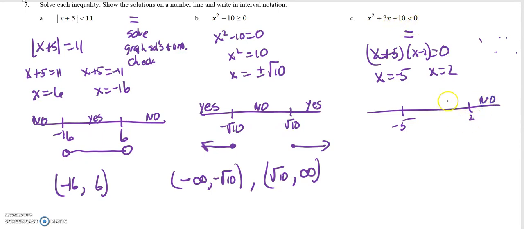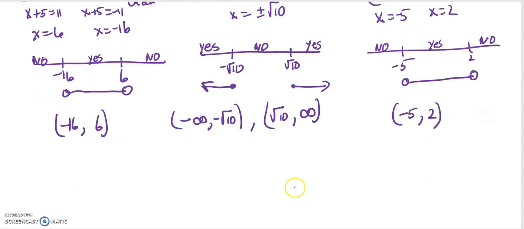If I sub in 0, I get 0 plus 0 minus 10. That is less than 0. If I sub in negative 6, I get 36 minus 18 minus 10. That is not less than 0. And there is the interval notation.